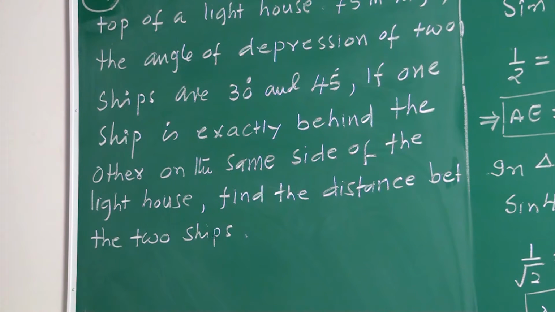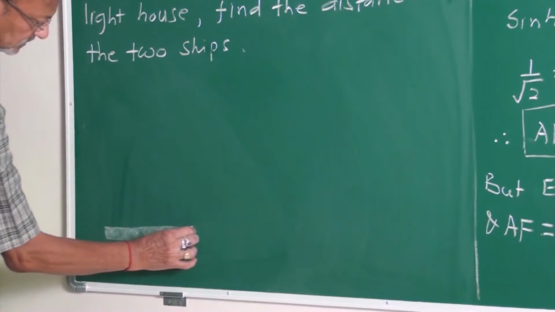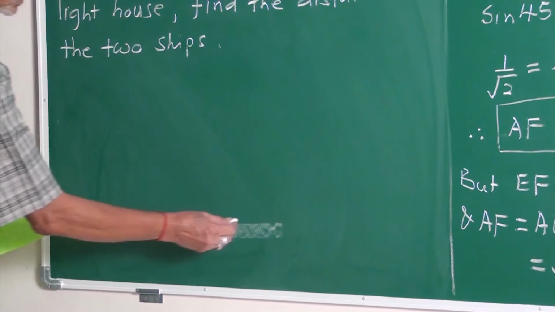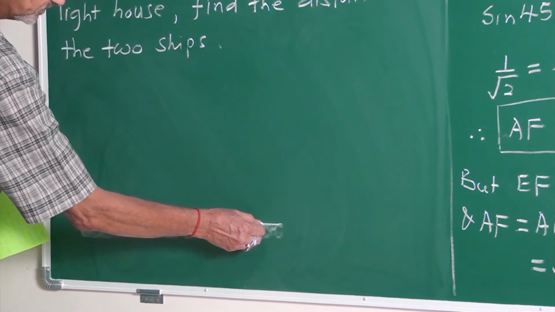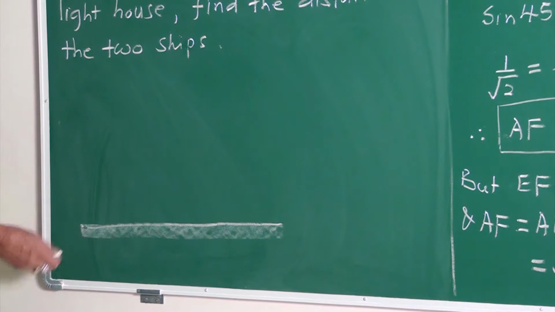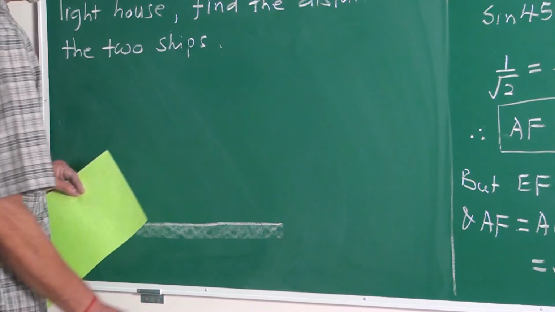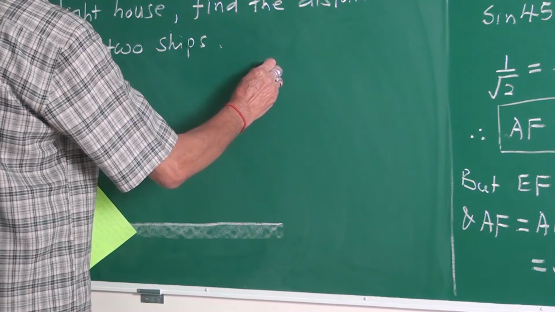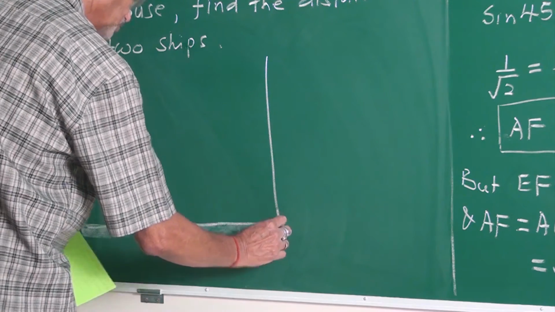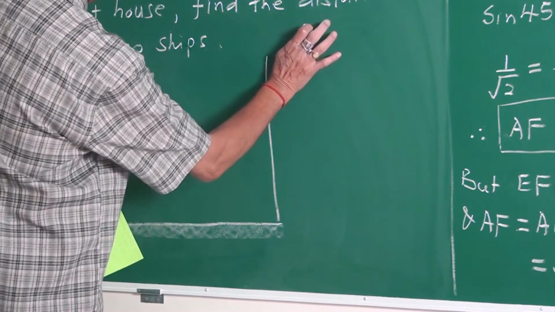Yes, my friends, the ships are at the level of the water. At one end here there is a lighthouse AB whose height is 75.